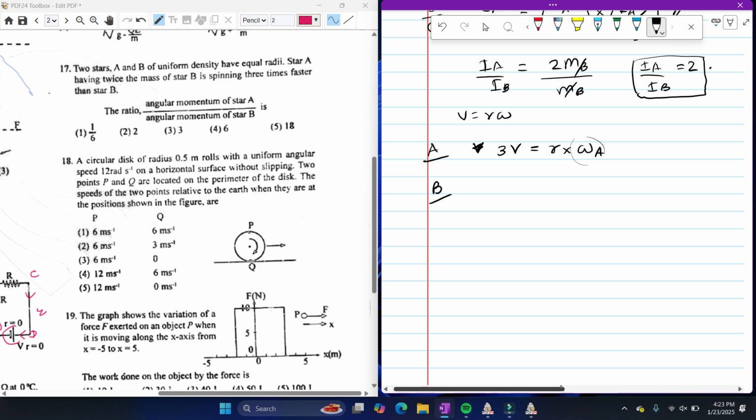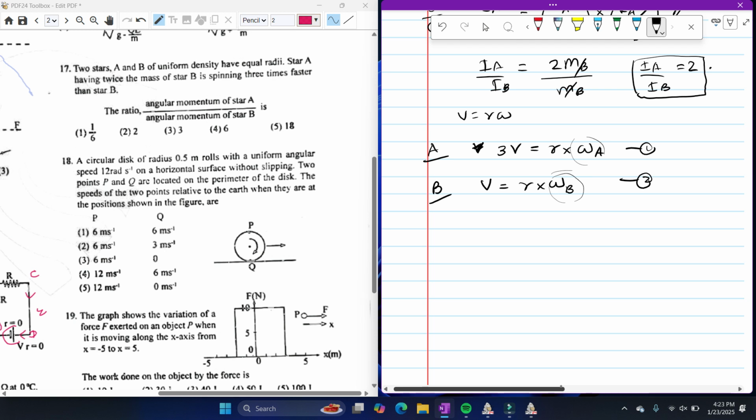Then for star b, velocity is just v, r is the same, we need omega b. So these are two particular equations, and we have this valuable term omega, the angular velocities. Once we have found the angular velocities, we can build up the angular momentum using this data.